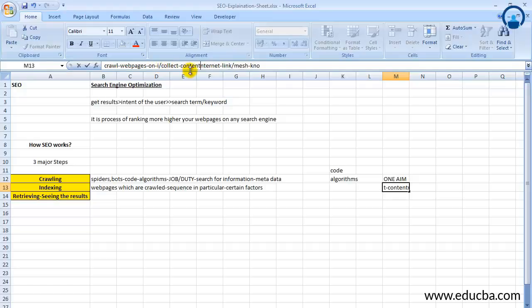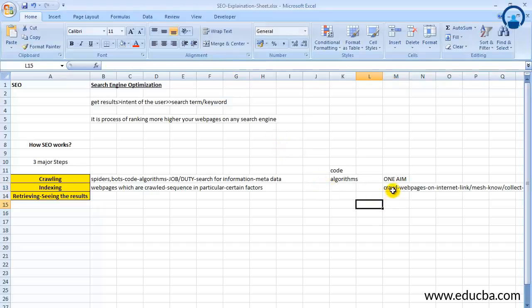That's the major aim of the crawling process.